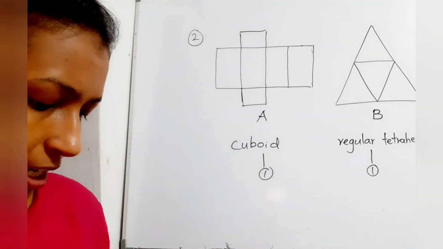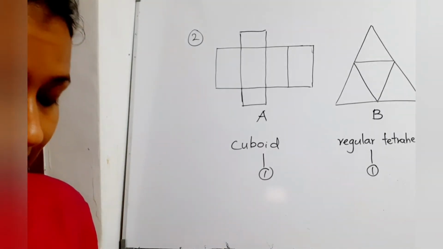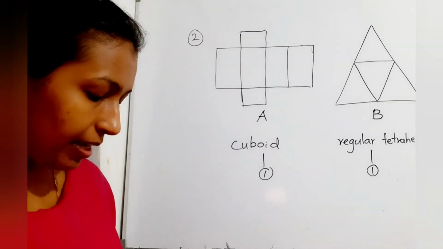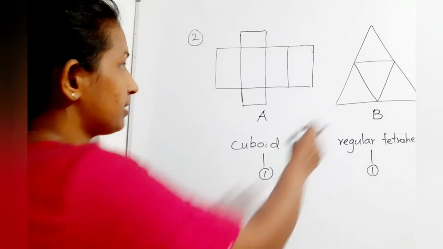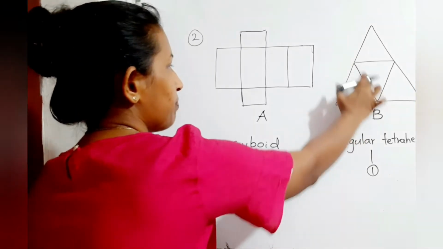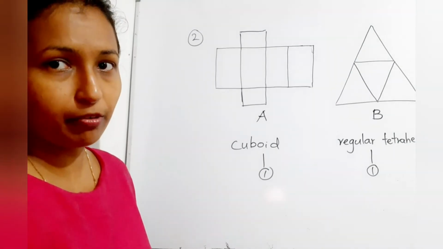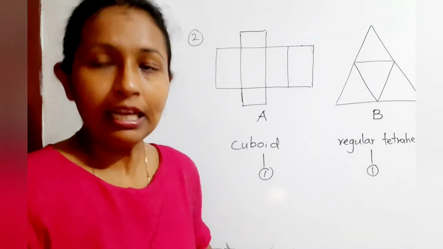Then write down the specific name of the shape of the face in solid B. Yes, in solid B, what is the shape of a face? Yes, it is a triangle.